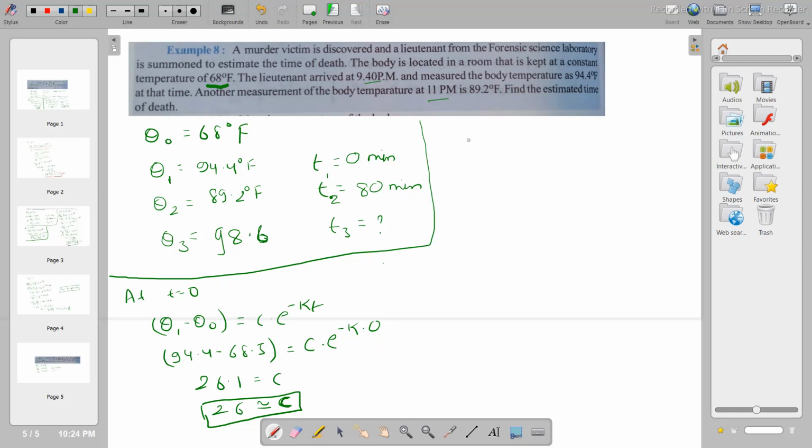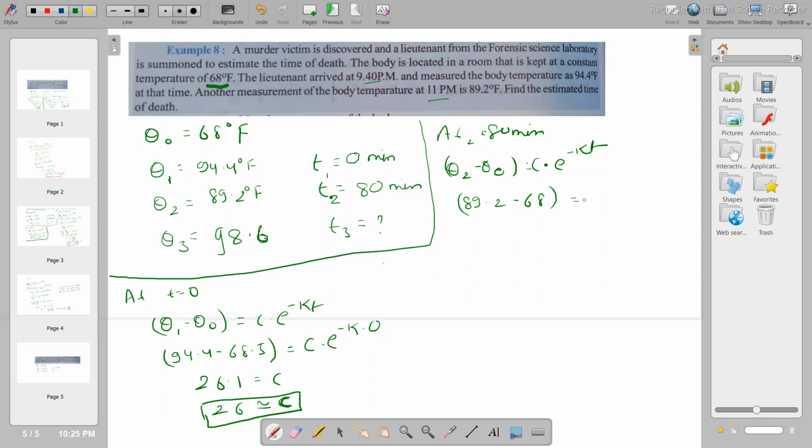Now, the second time, at t2 at 80 minutes. What is the Newton's law of cooling formula? It's theta 2 minus theta naught equals c into e power minus kt. Theta 2 is 89.2 obviously, and theta naught is 68.